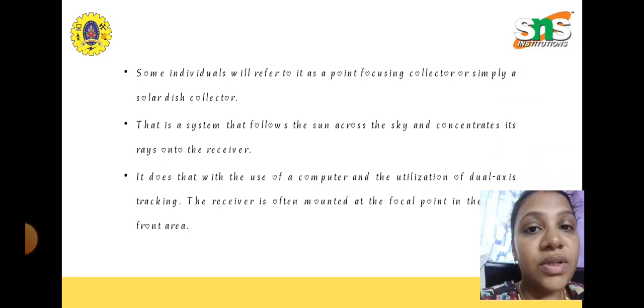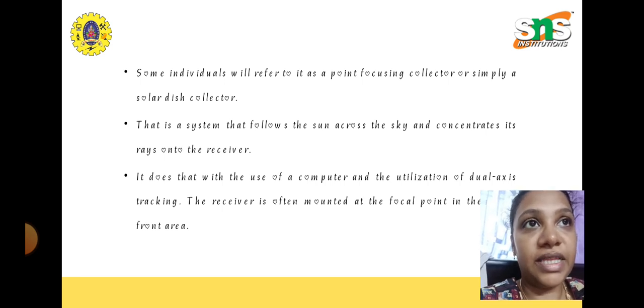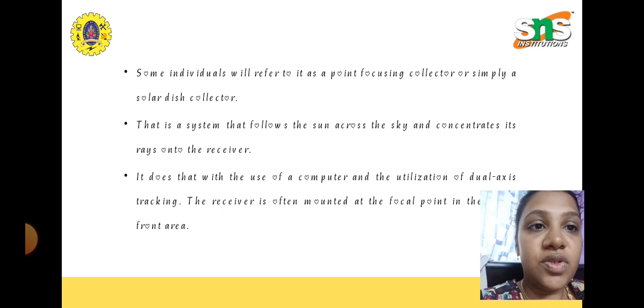So in how the solar concentrator works, the sun's rays are reflected and concentrated, and then accepted by the receiver. By using a computer or any tracking device, we are able to track how much solar energy is being utilized.